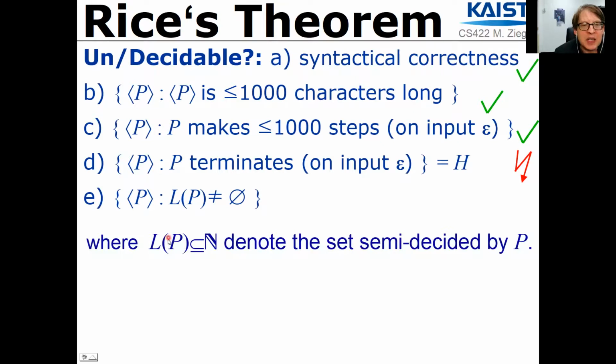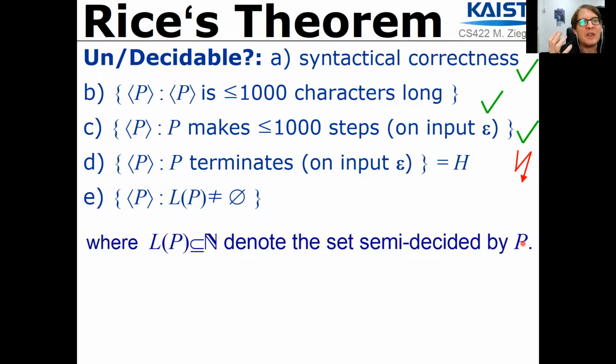So in order to understand that last terminology, observe that any given program, any while program, may terminate on some input and may fail to terminate on other inputs. And recall that semi-deciding means terminating on the inputs that belong to the set and not terminating on the inputs that do not belong to the set.